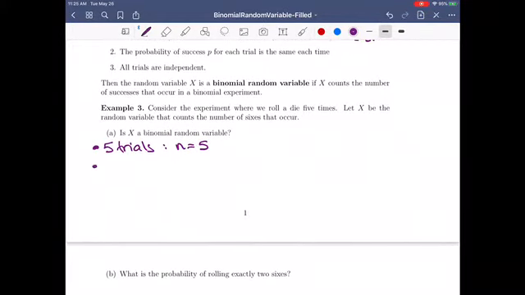In each trial, what does it mean to be a success? Well, we want our random variable to count the number of successes, and our random variable is counting the number of 6s. So we probably want a success to be rolling a 6, which means that failure is the opposite, so not rolling a 6.